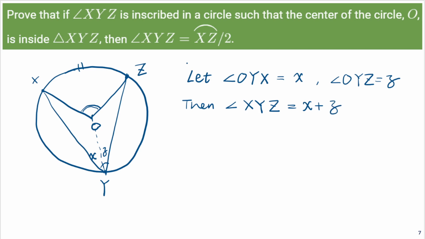And isosceles triangles XOY and ZOY tell us that angle OXY also equals x, and angle OZY equals z, right?